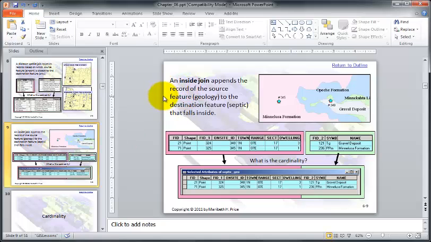An inside join appends a record of the source feature, geology, to the destination feature, septic, that falls inside. So in this case, the geology is tied to the septic of what actually is on the septic site. For example, a gravel deposit or a Minnelusa formation.